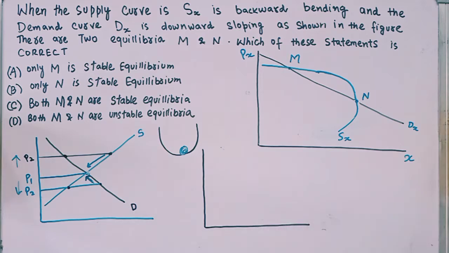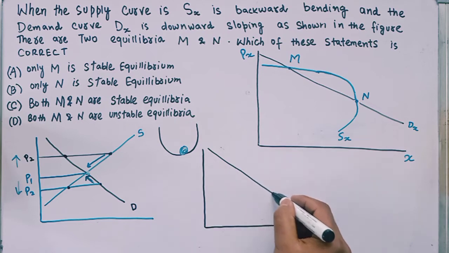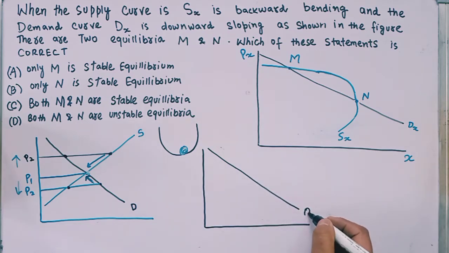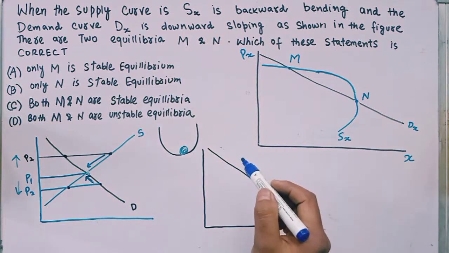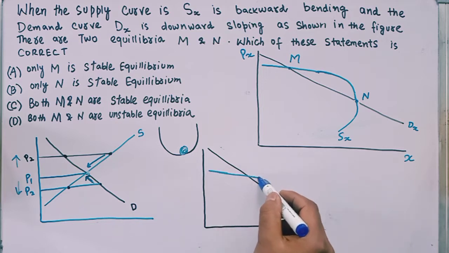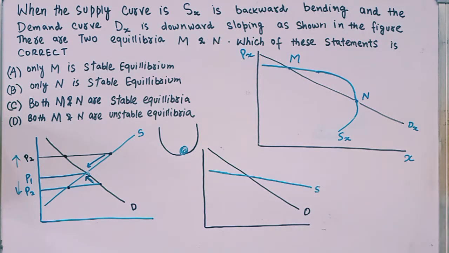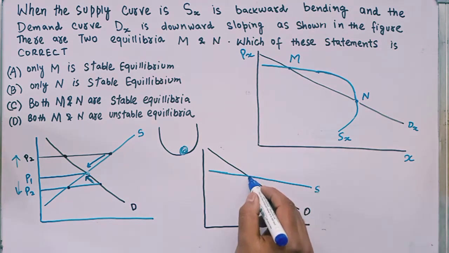In case of unstable equilibrium, we have a negative slope demand curve, which is the normal thing. But we also have a negative sloped supply curve. Let us say this is the equilibrium position.